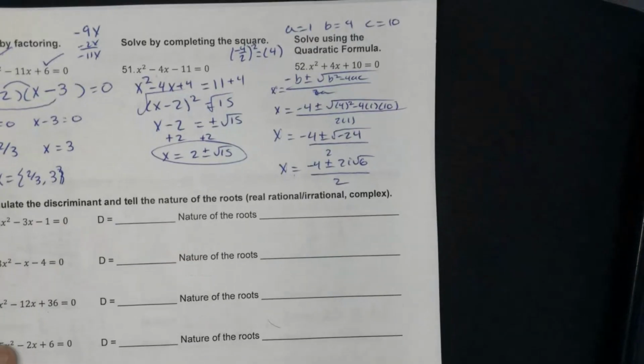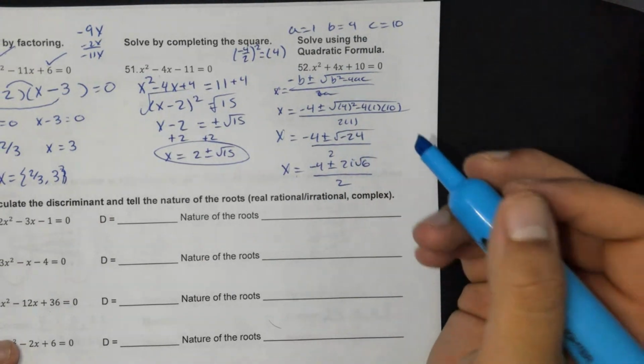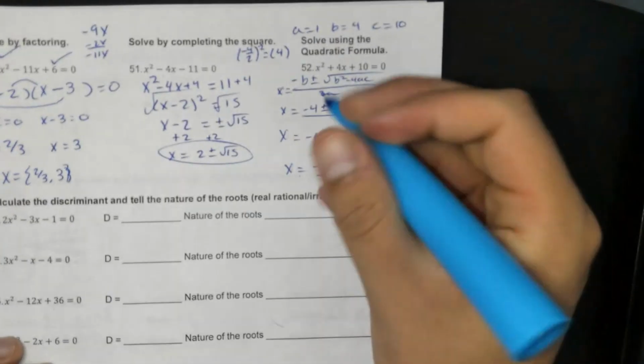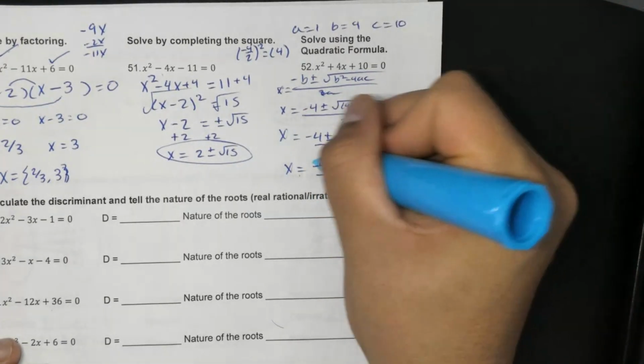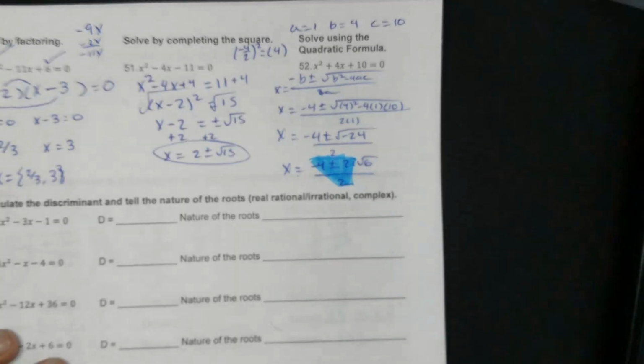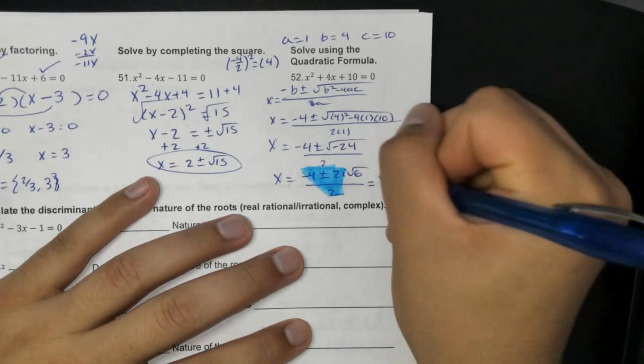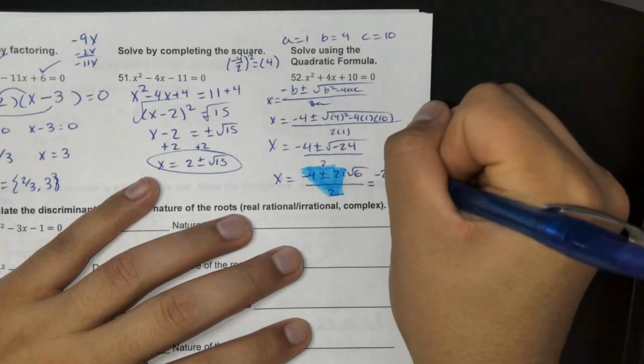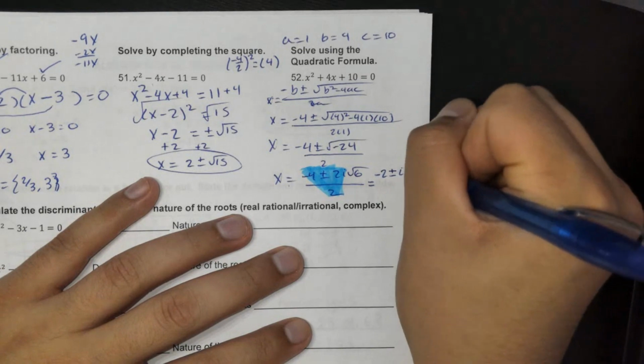Alright, so we got this after we simplified the negative 24, square root of negative 24. Alright, now let's look at these three numbers right here. Right, they can be simplified by 2. So if we simplify those by 2, we end up with negative 2 plus or minus i square root of 6.